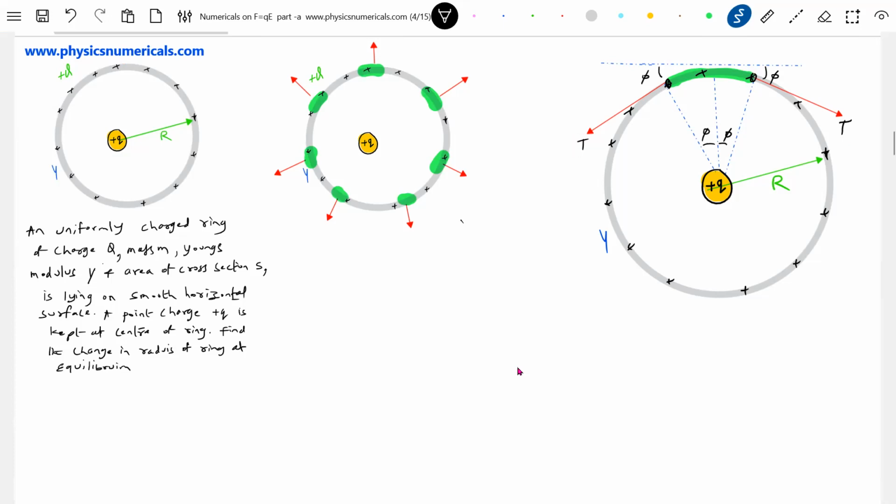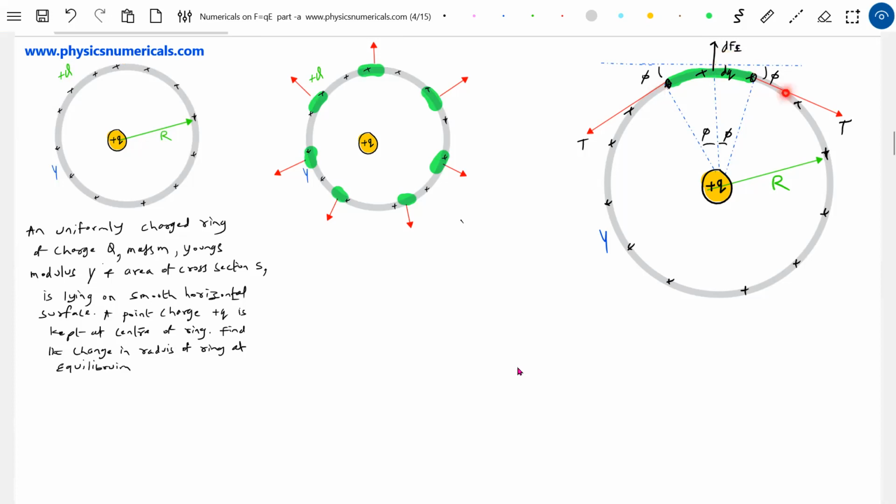Then why is this elastic restoring force acting? Because of the electrostatic force dFE, because this small elemental charge has a charge dq. There's interaction between this point charge kept at the center and this elemental charge. So dFE will act here. Then who will balance this electrostatic force?